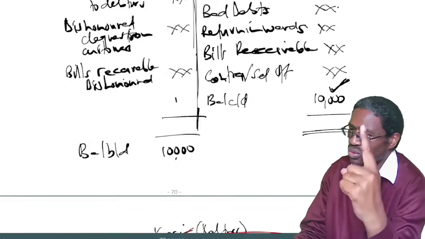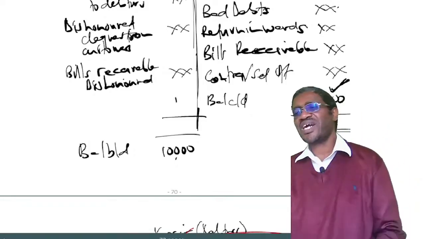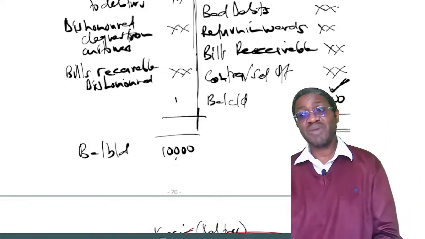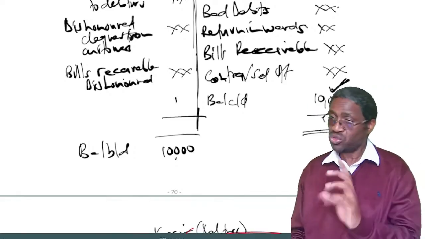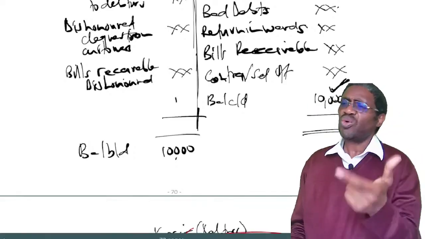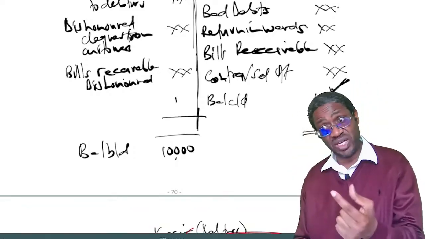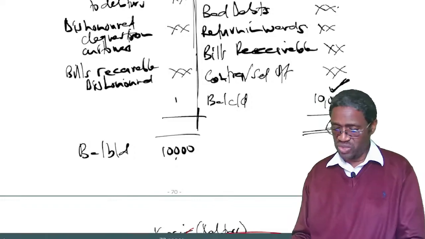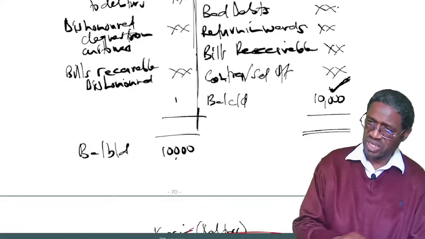And I've told you, we determine the balance of an account not by where the carry down is, but by where the brought down is. And two, I've also told you, there is no way you can have a brought down without a carry down by the end of the year. So first we carry down on the credit side so that it is brought down on the debit to appear as an asset.